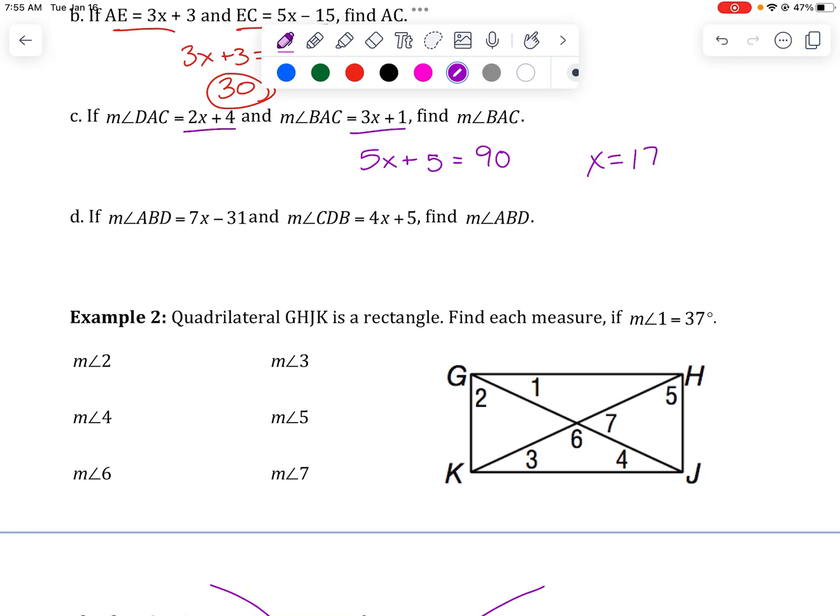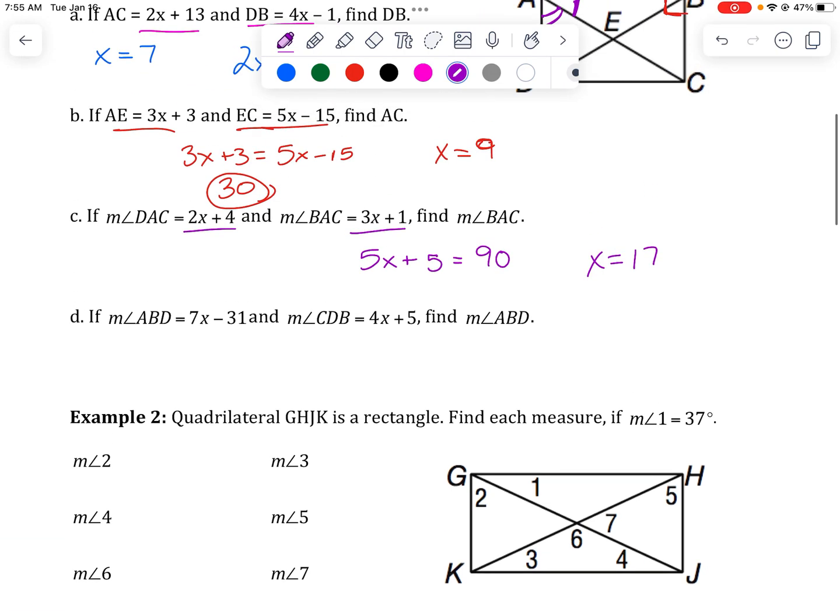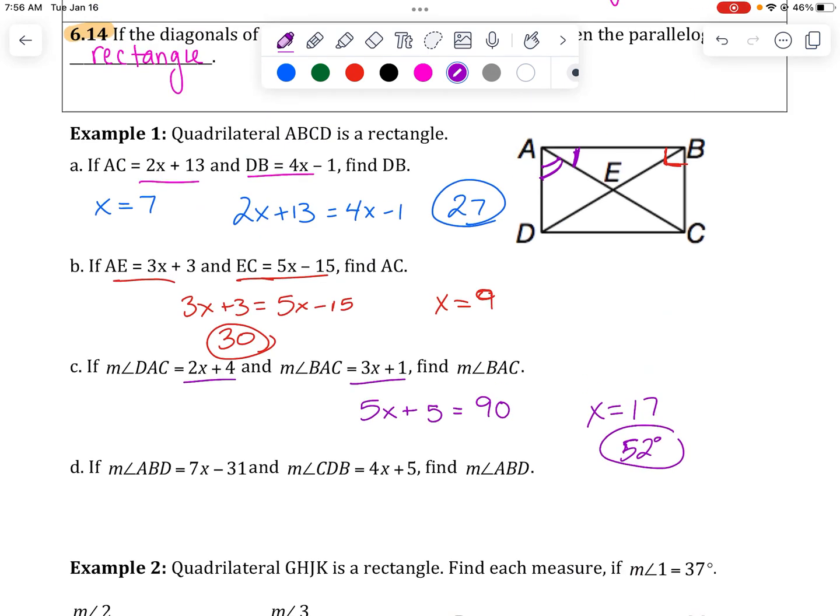Here x should be 17. 85, that's 1535, that's 17. 30, 51, 52. This would be 11x minus 26.